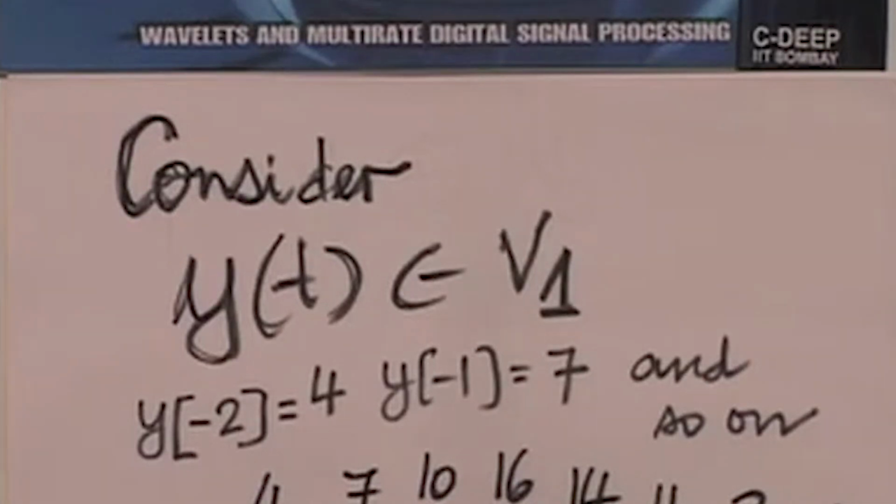And recall, for example, if you consider the interval from -1 to 0, the projection on V0 would be piecewise constant on that interval and would take the value given by the average of 4 and 7, namely (4 plus 7) by 2. On the other hand, the projection on W0 would be given by a multiple of the Haar wavelet located between -1 and 0 and with a coefficient (4 minus 7) by 2 associated with it.